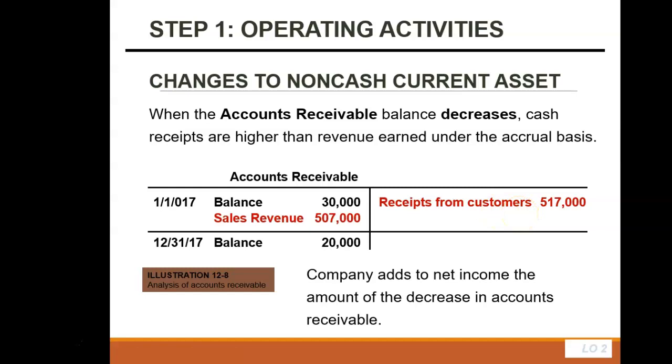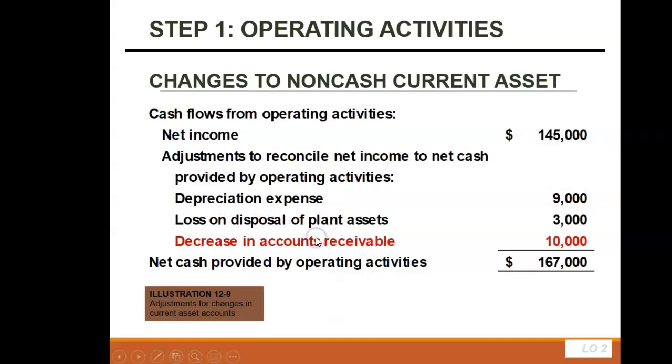Okay, so the $10,000 difference, we're going to add that back into our accrual-based net income to convert to our cash-based net income. Because under the cash basis, you report income once cash has been received. So we're going to add that $10,000 back into the accrual-based net income to calculate your cash-based net income.